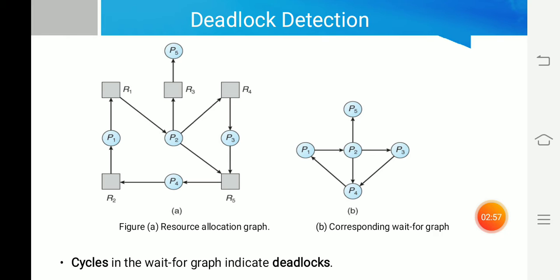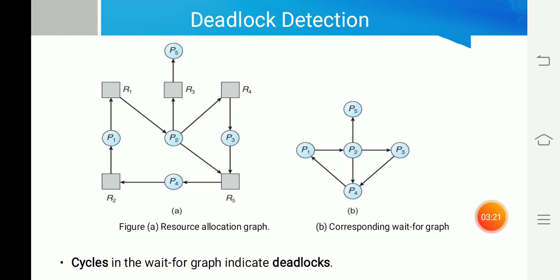So to convert to the wait-for graph, just remove the resources and combine the arrows from process 1 to process 2. It means process 1 is waiting for process 2, because process 1 wants resource R1, which is held by process 2. So there is a direct arrow from process 1 to process 2.